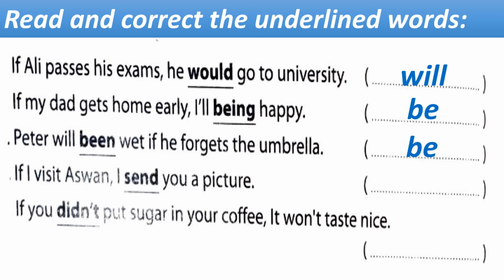If I visit Aswan, I send you a picture, or I will send you a picture. If you didn't put sugar in your coffee, it won't taste nice. If you don't put sugar in your coffee, it won't taste nice.